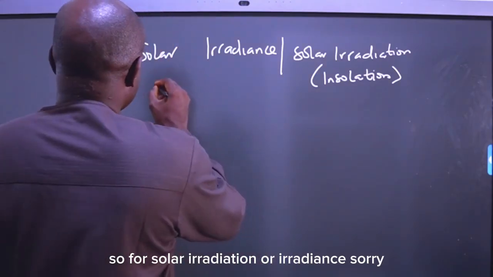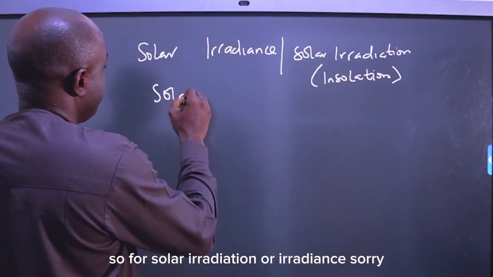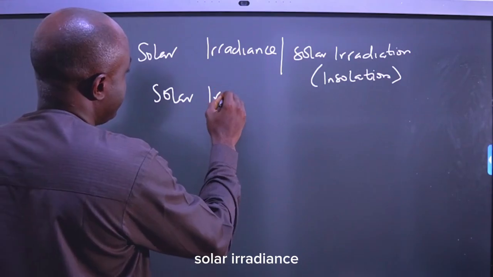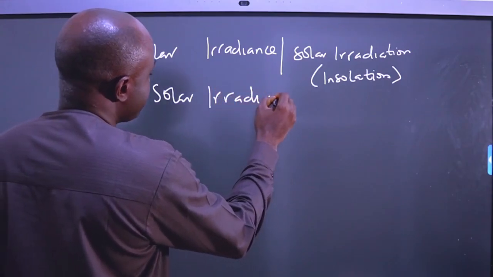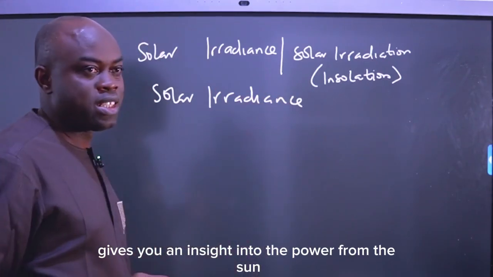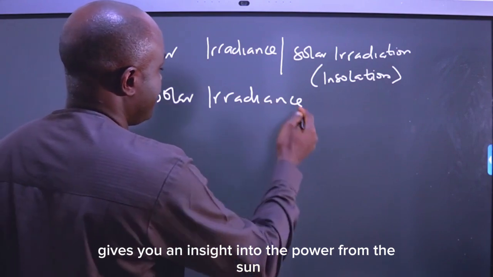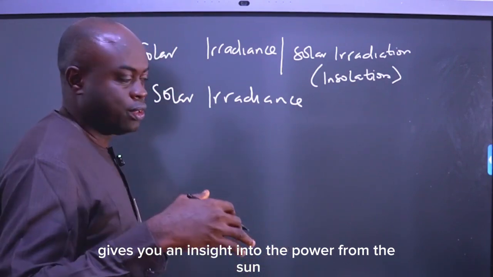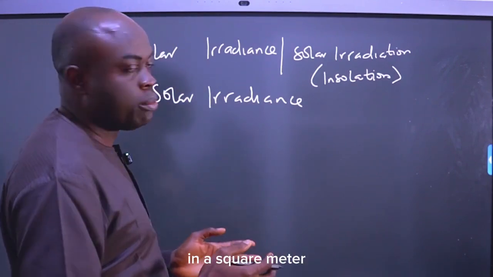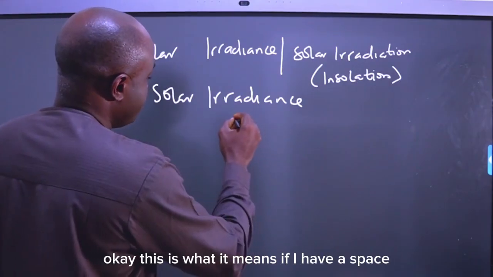So solar irradiance gives you an insight into the power from the sun in a square meter. Okay, this is what it means.